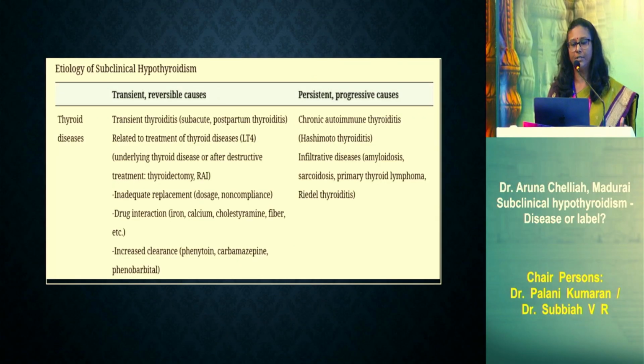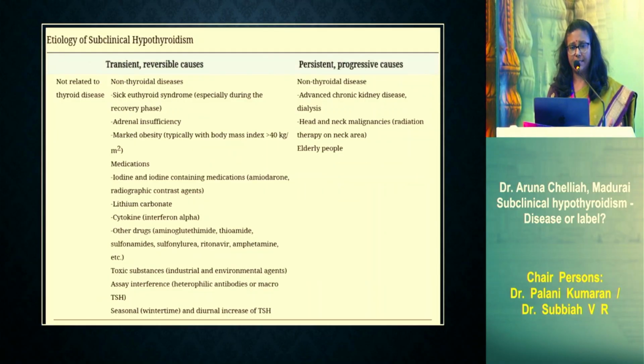So how do you interpret the results? Some of the etiologies are where we call it a transient phase, which again Dr. Varun went through: transient thyroiditis, any treatment related to thyroid diseases or thyroidectomy, and any other medications. As Varun beautifully said about amiodarone and the latest ones, immune modulators, or progressive causative factors like autoimmune or infiltrative diseases.